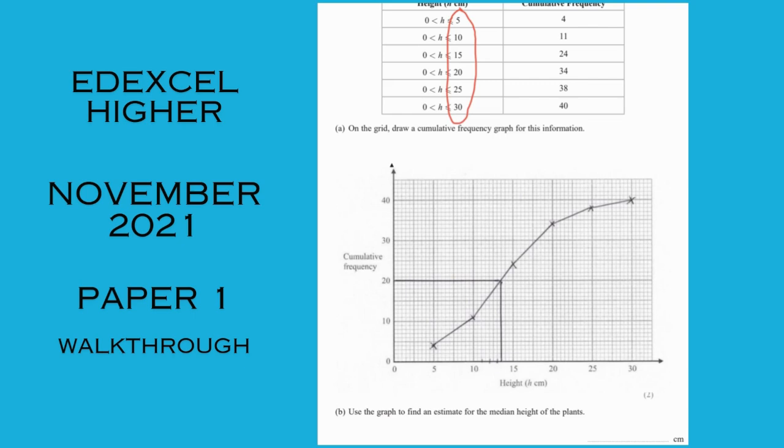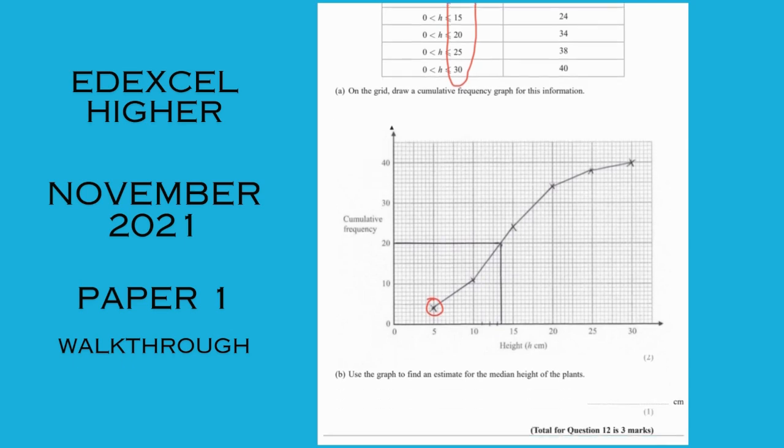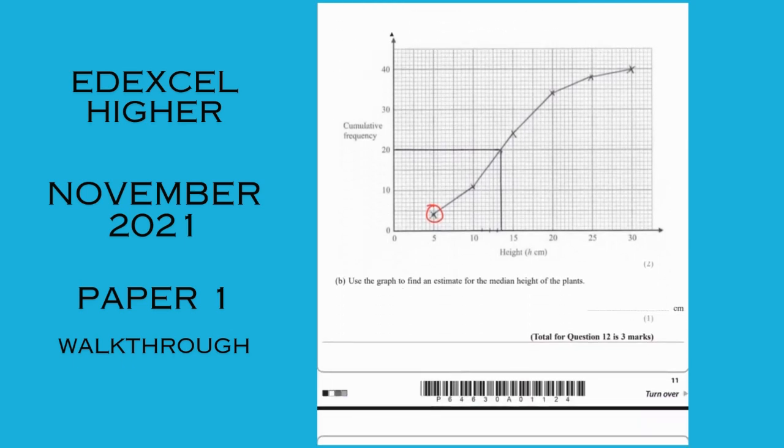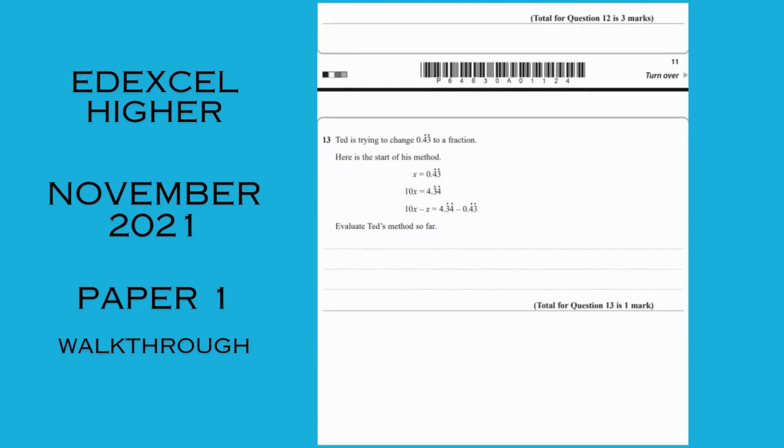You must use the first coordinate, must be at 5 along, 4 up, otherwise your median won't be good enough. Use the graph to estimate the height of the plants. Well, there's 40, so go for 20, technically 20.5, but who cares? And I'm coming out at 13.5-ish. Bit of leeway either way.